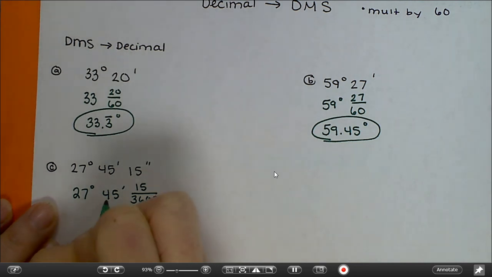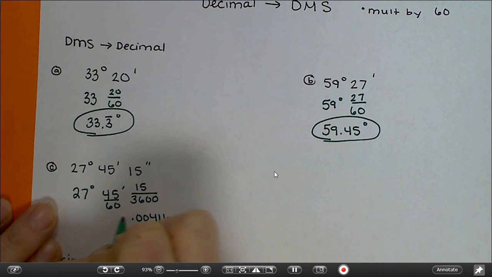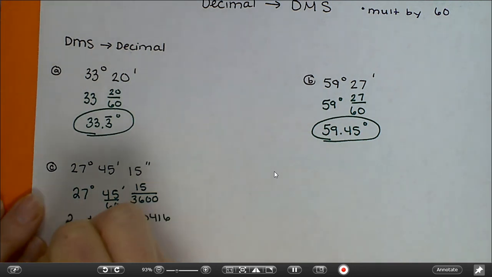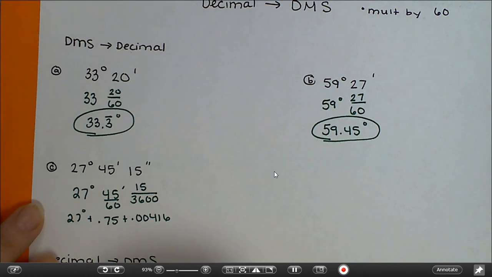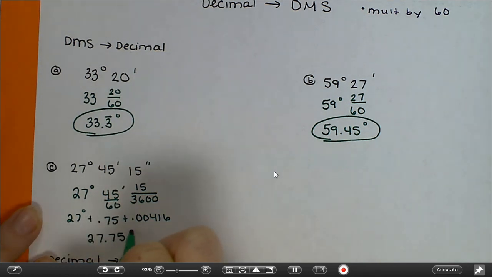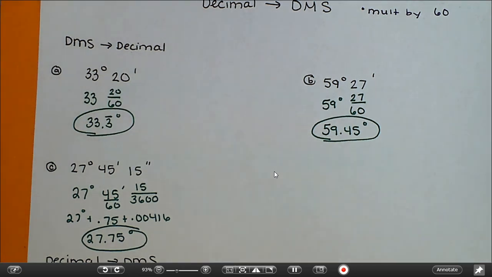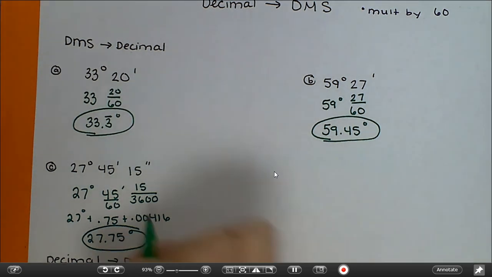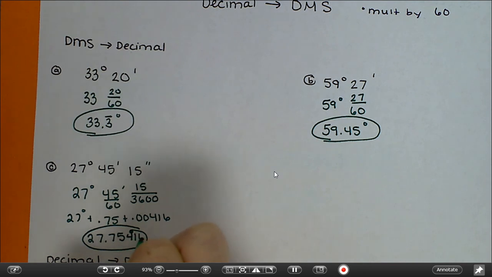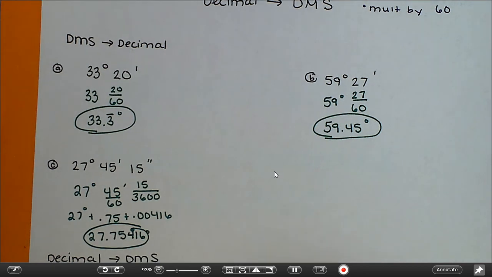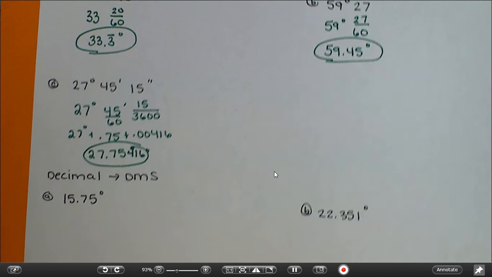We have 45 over 60, which is 0.75. And we're just going to add all of these numbers together. And that equals 27.75-ish degrees. 754, we could write them out forever. Well, let's just write them out. 27.75416 degrees. But nobody really looks at it, in our case, that closely.